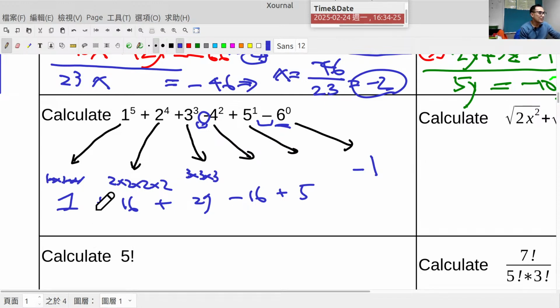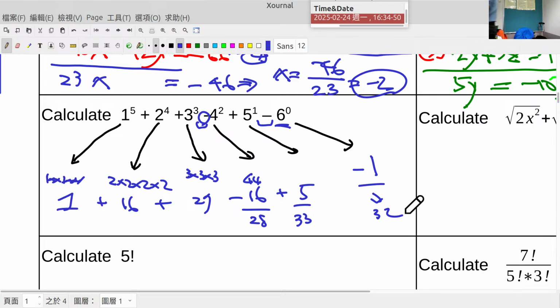Okay, 17. 17 plus 27, that is 44. 44 minus 16, that is 28. 28 plus 5, that is 33. 33 minus 1, that is 32.